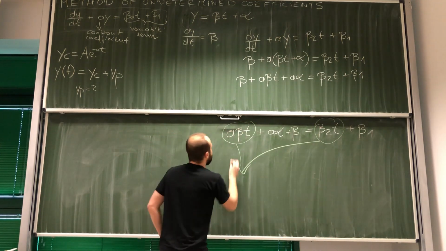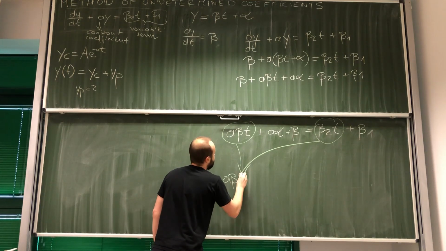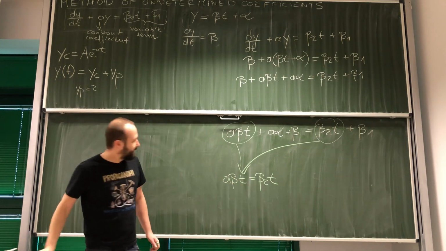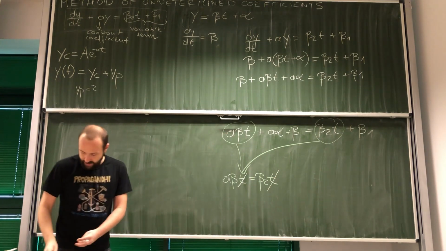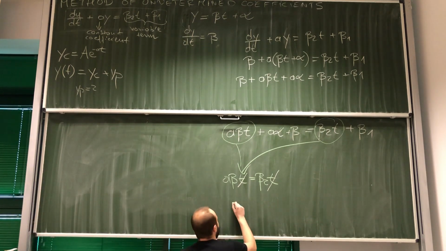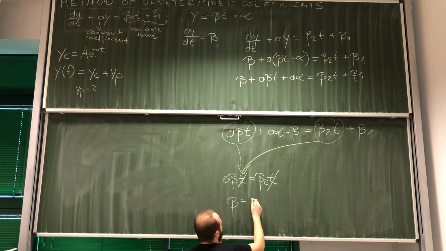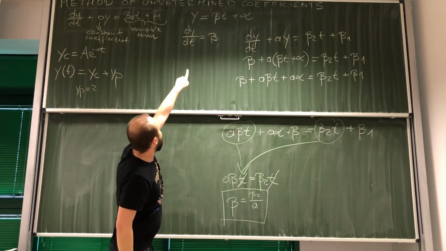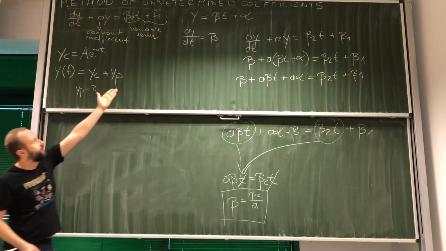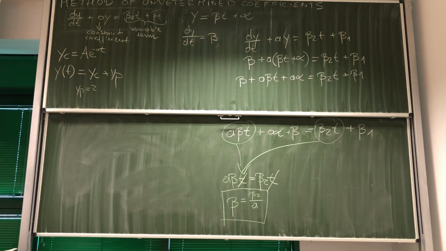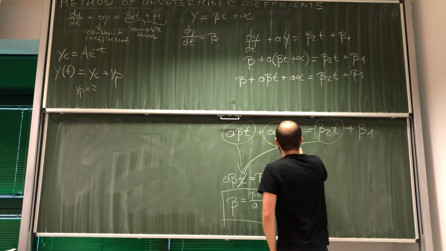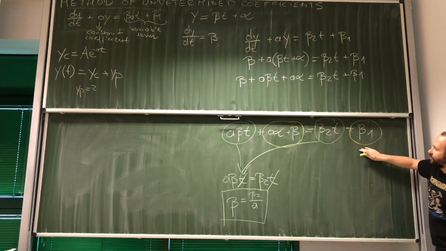Over here, I'm going to get that a beta t is equal to beta 2 t. Well, clearly, the t's cancel each other out, and right away I'm getting that beta is equal to beta 2 over a. And now we've established our first part of the particular integral in our solution. Okay, now, of course, all we've got to do is to repeat exactly the same thing, but now for constant terms.